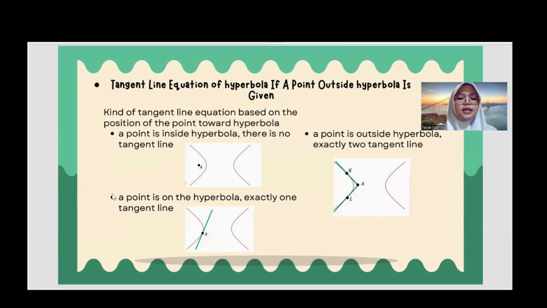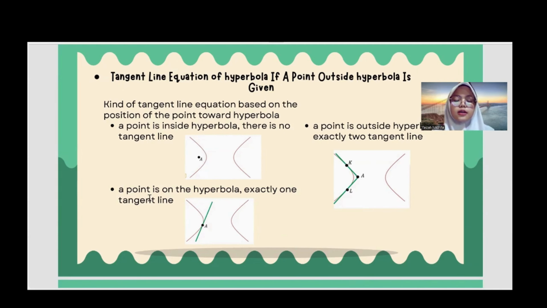If a point is inside the hyperbola, there is no tangent line. So there will be no tangent line that passes through point A. If a line passes through point A, the line will intersect the hyperbola, not touch it.